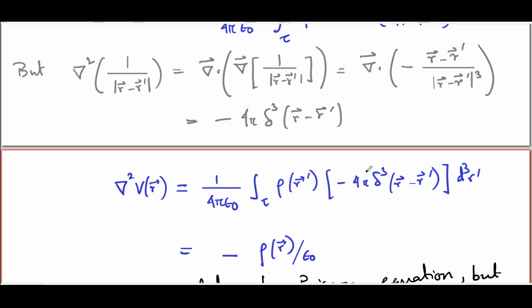But that is not surprising. Remember, the Poisson equation, the local equation, talks of the Laplacian of a potential being proportional to the charge density at that particular point. If my point r is outside tau, that means there is no charge density at r. Therefore, the potential outside the charge region will definitely have 0 Laplacian.